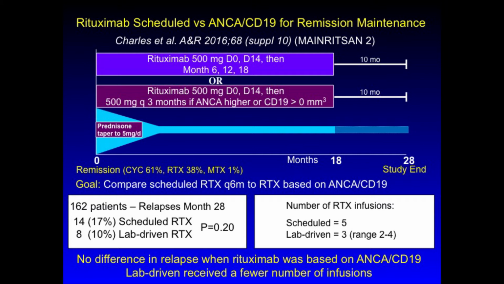In looking at this, what they presented in their abstract was that there was no difference, interestingly, in the rate of relapse between these two study arms, but there was a lower number of infusions given with the lab-driven timing. So although we're waiting with interest for the results from the full publication, it's interesting to see how this balance will be in terms of no difference in relapse, but a reduction in the number of infusions.